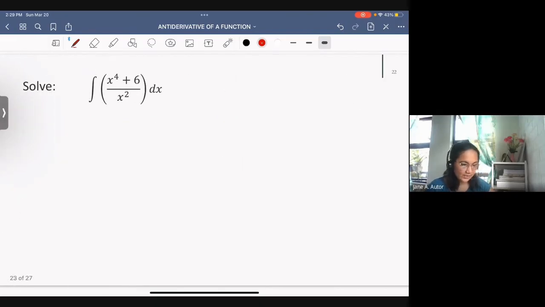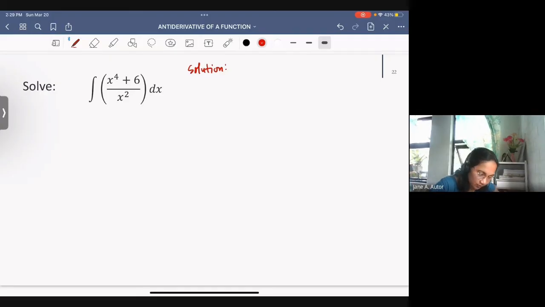Now, for our next example, we have the integral of the quantity x raised to 4 plus 6 divided by x squared dx. So for our solution, we have these rational functions, but since we don't have yet a particular formula for these types of functions, what we're going to do is to manipulate this given integral.